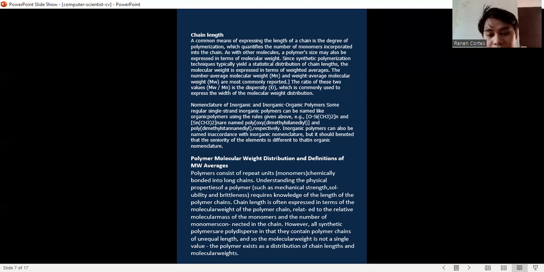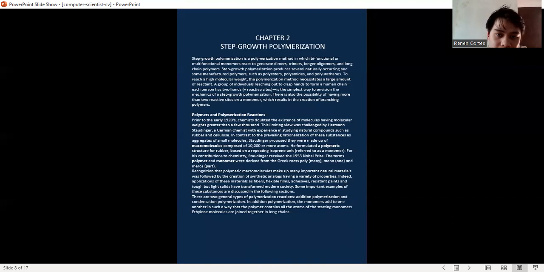Chain length is often expressed in terms of the molecular weight of the polymer chain, related to the relative molecular mass of the monomers and the number of monomers connected in the chain. However, all these synthetic polymers are polydispersed in that they can contain polymer chains of unequal length. And so the molecular weight is not a single value, and the polymer exists as a distribution of chain lengths and molecular weights.